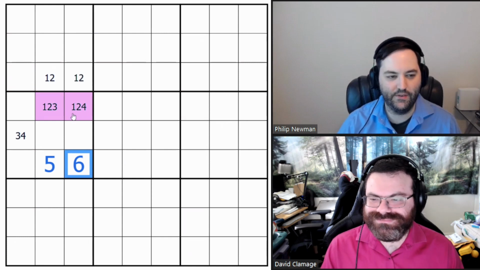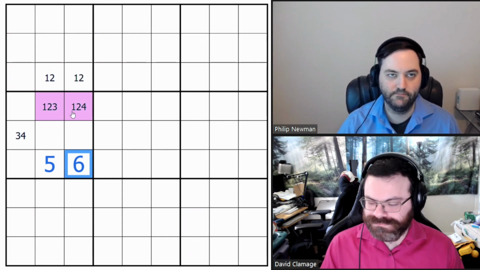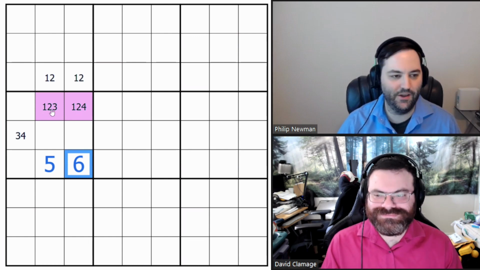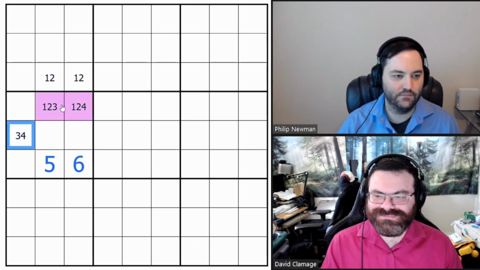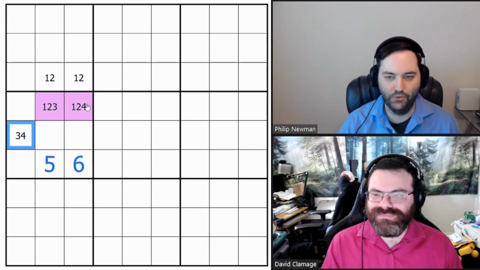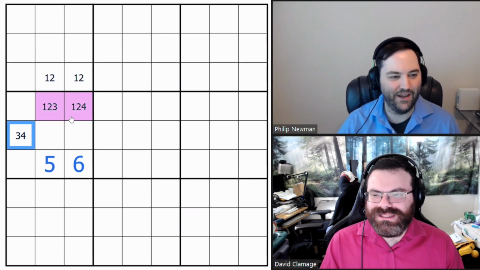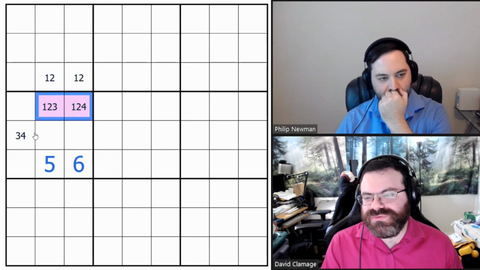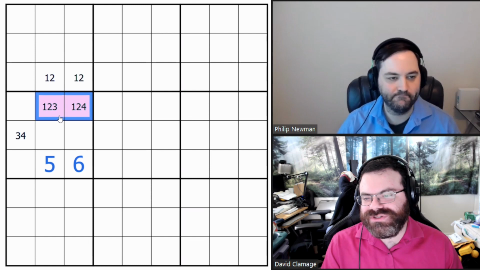So yeah, this is almost a set version of this, or a strong link sort of loop sort of thing. And actually, if you think about it, if those 1s were removed or the 2s were removed, you'd have just a triple. Yeah.